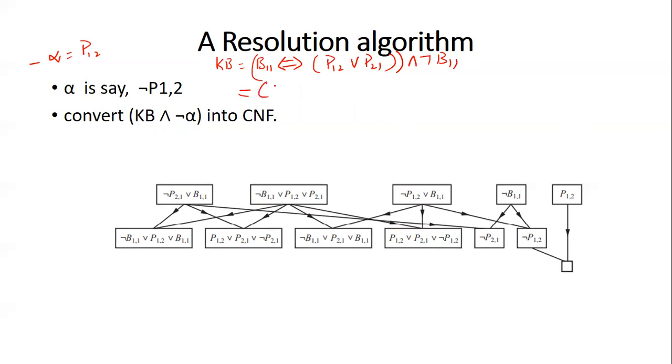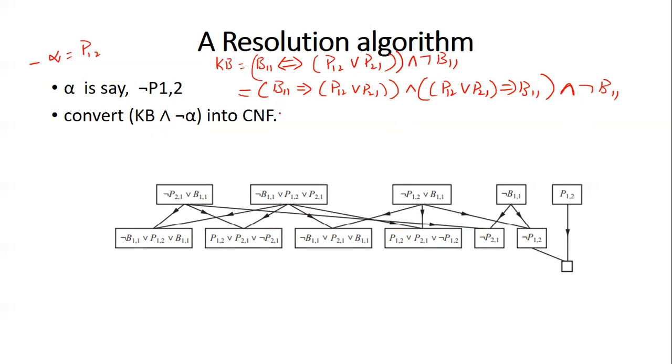When you remove this bidirection, it becomes B11 implies P12 or P21, and P12 or P21 implies B11, and not B11. Okay, fine.